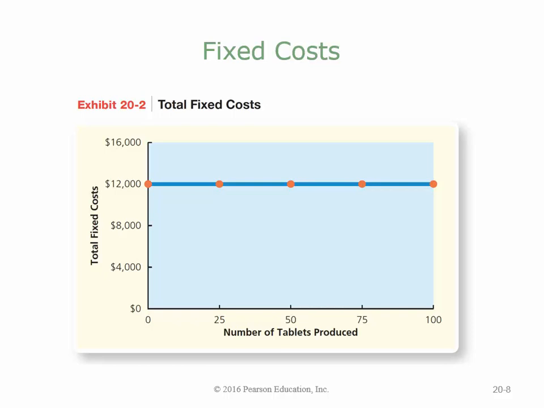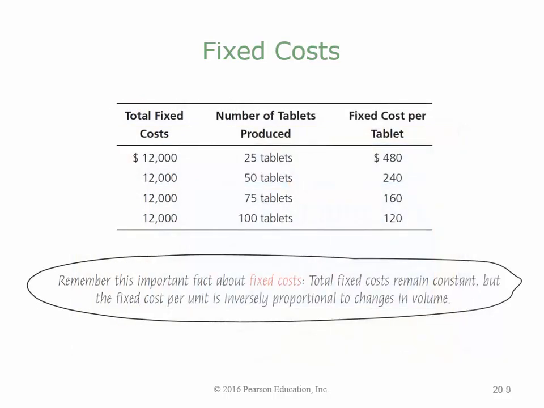And actually, the more units I can sell or produce, the lower my fixed cost per unit. So here's an example. They have $12,000 in fixed costs. If they produce 25, then their fixed cost per unit is $480. If they produce 100, then their fixed cost drops to $120. Right? Because the cost is the same no matter what. So the more units you make, the lower your cost per unit.